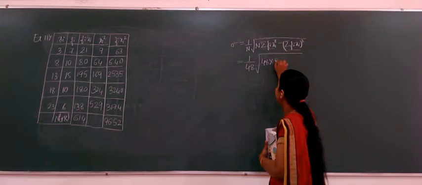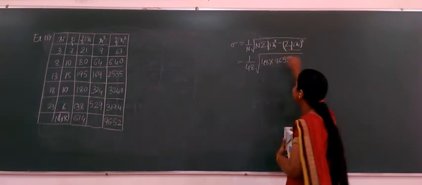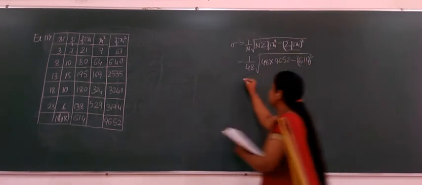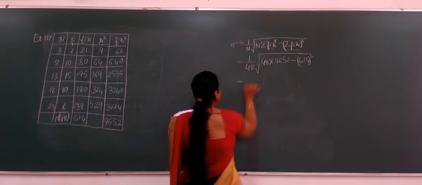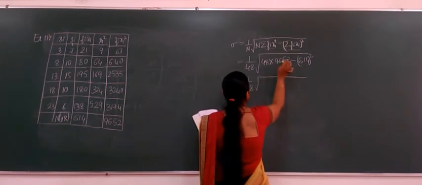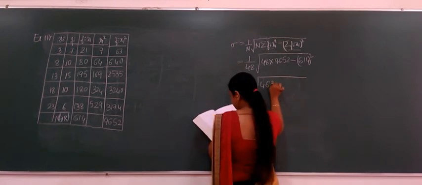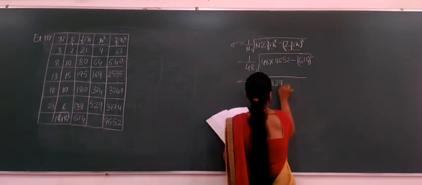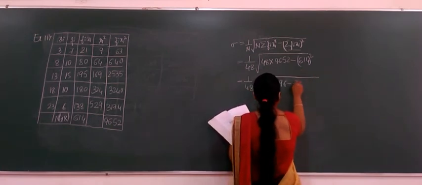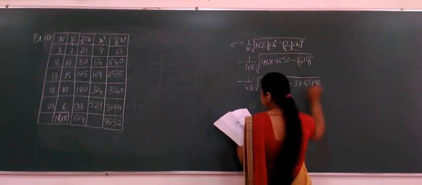So it is 4,63,296, and 614 square will be 3,76,996.